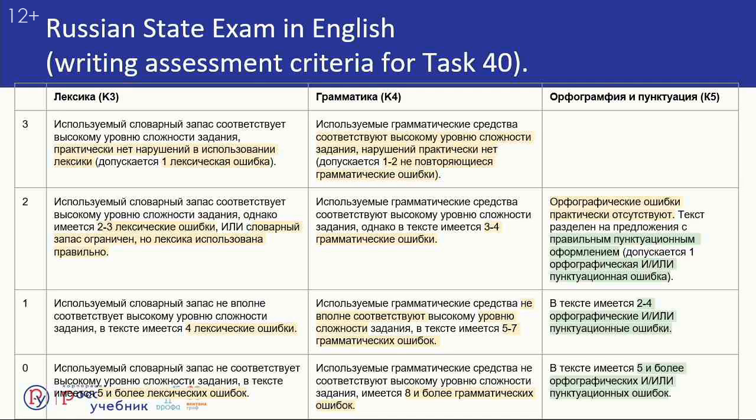Obviously, at level 1, the vocabulary range and the complexity of the vocabulary units might not really meet the requirements and the complexity level. But what is important here is that no more than 4 mistakes is level 1. And at level 0, it's 5 or more vocabulary mistakes.